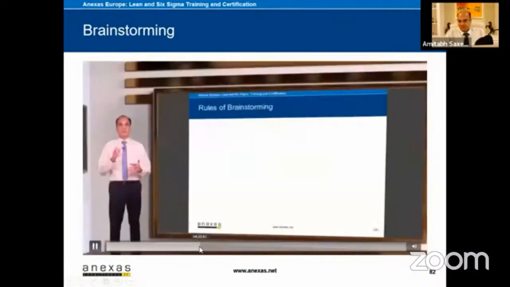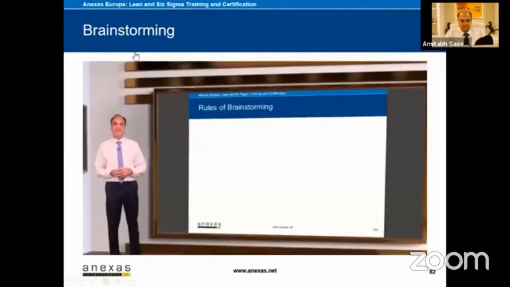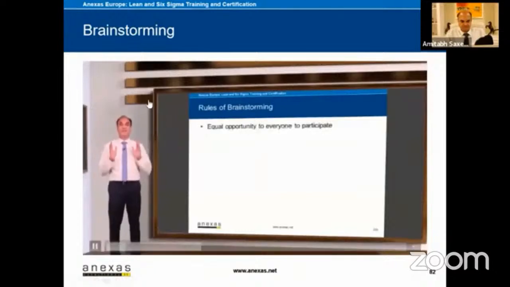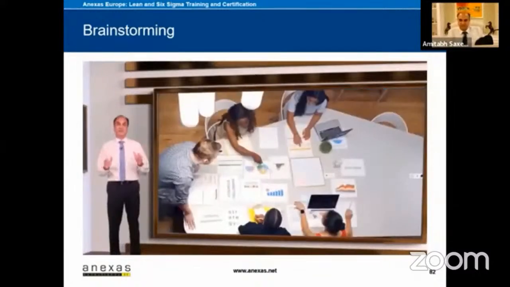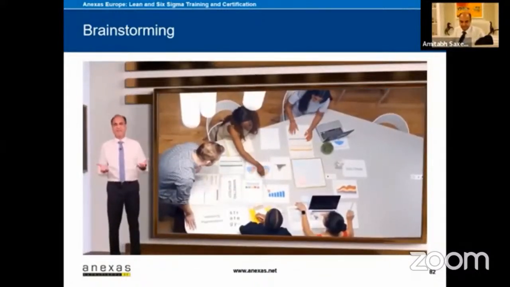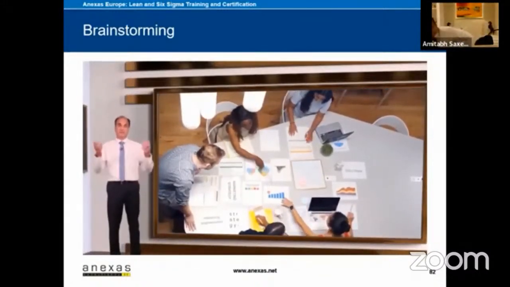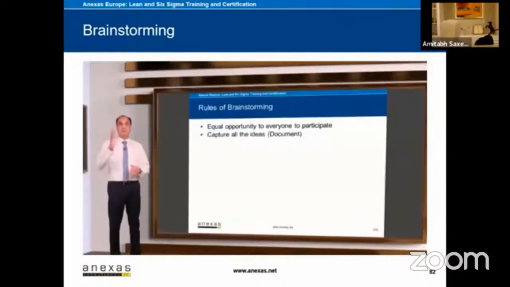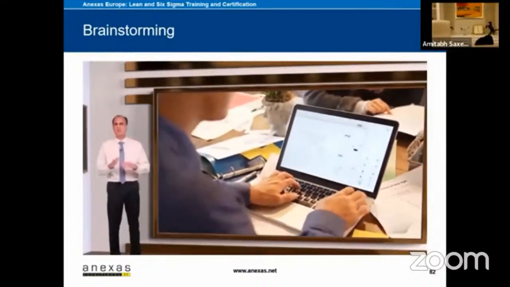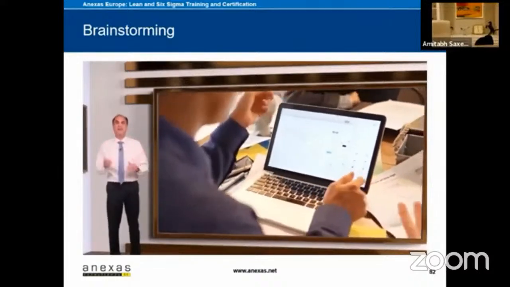Some rules are to be followed in brainstorming. The rules of brainstorming are: give equal opportunity to everyone who is participating. So tell them to participate, and you can use different techniques. As I told you, we will be learning in the improve phase. Capture all the ideas, so document all the ideas, whatever is being discussed, whatever ideas the participants give.